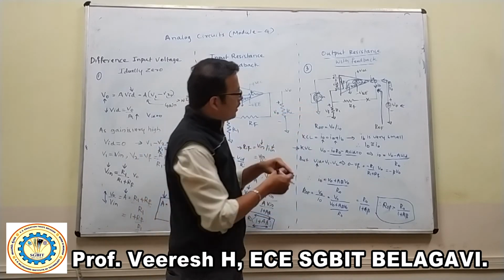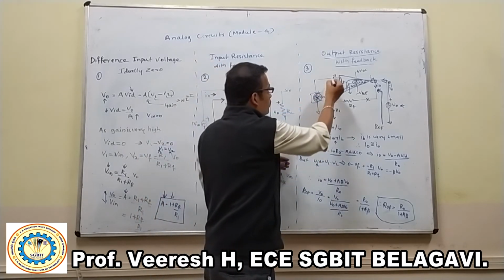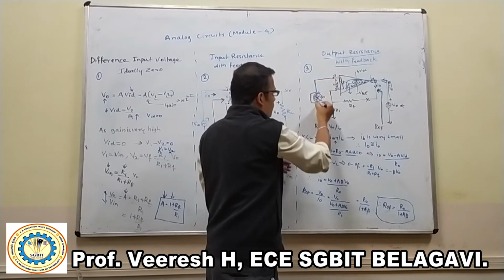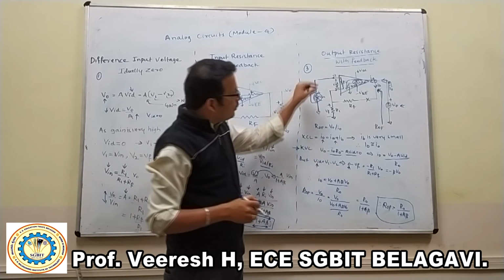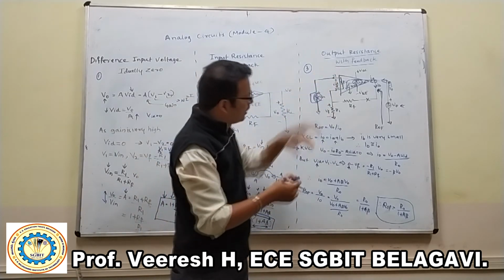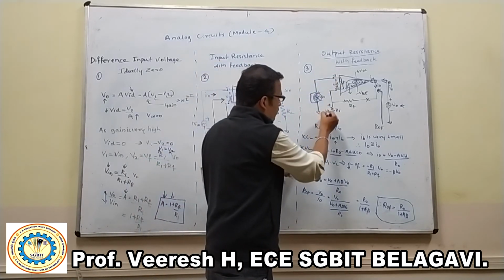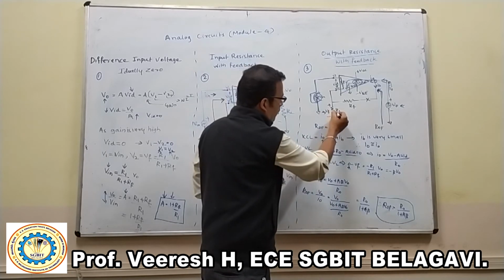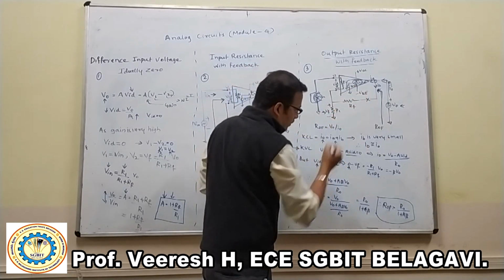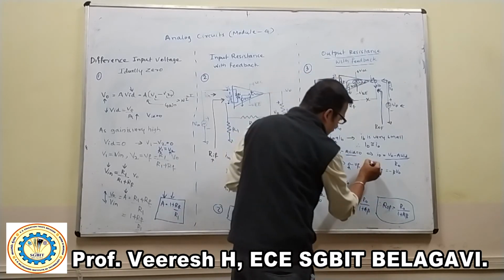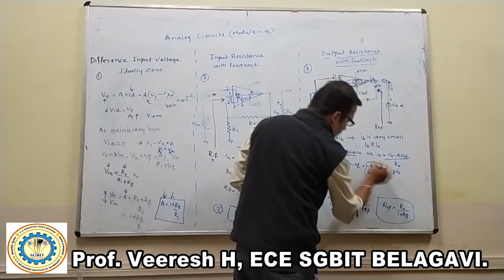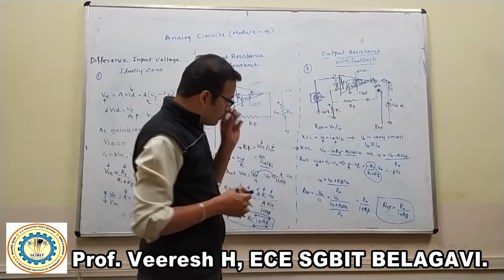What is the voltage V1 here? This I have cancelled, so V1 is directly connected to ground. That's why V1 is 0. And V2 is the voltage available at this terminal, that is nothing but Vf, given by R1 divided by R1 plus Rf into V0. Indirectly this can be written as minus beta V0.